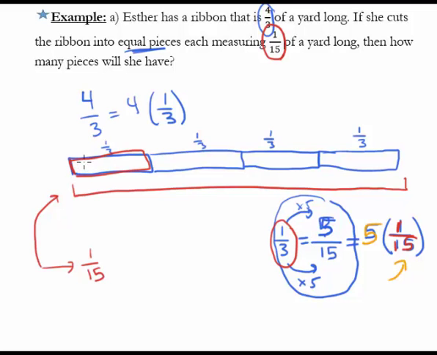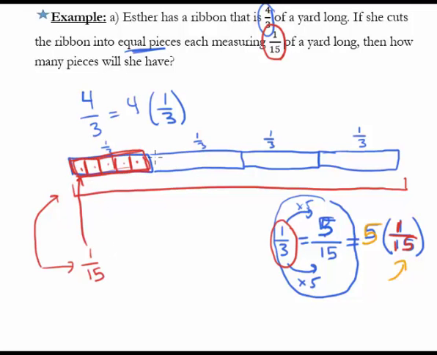How many can we fit in? We can fit in 1, we can fit in 2, we can fit in 3, we can fit in 4, and each one of these small pieces is a 1/15. Since we have 1, 2, 3, 4, 5/15, it's going to equal 1/3 of a yard. So now we can see quickly that 5 of these 15ths fit into 1/3 of a yard.